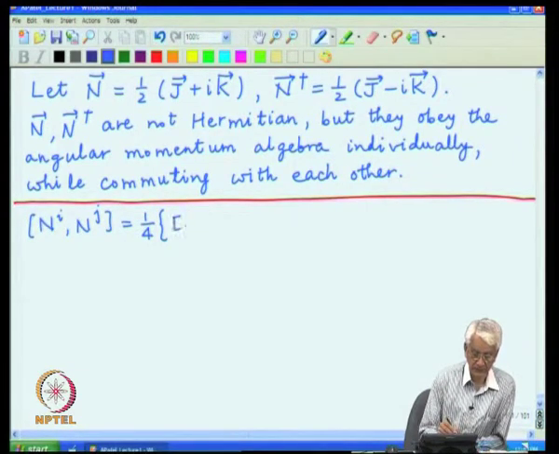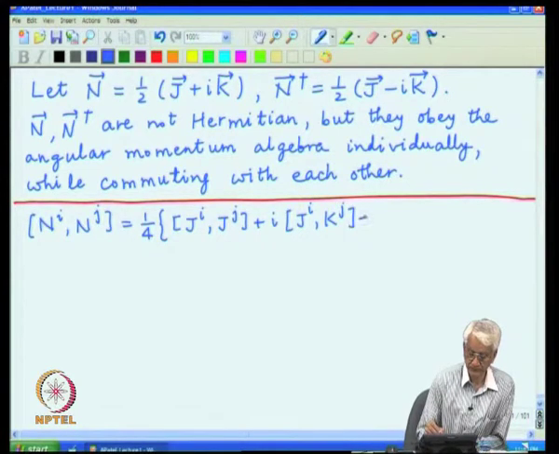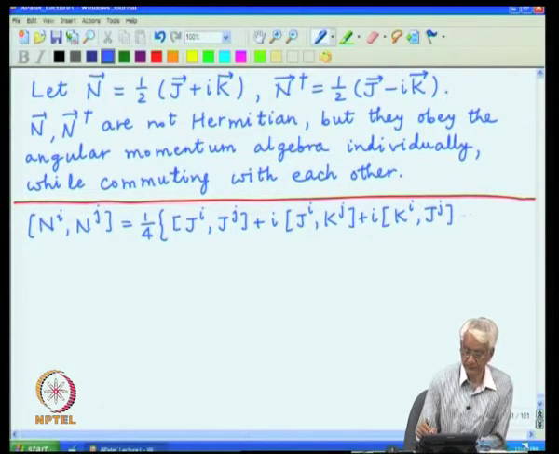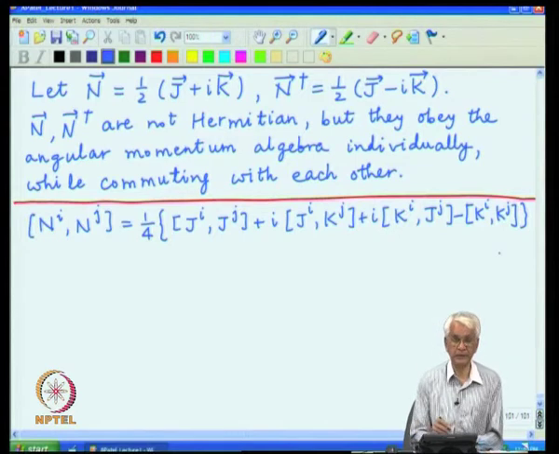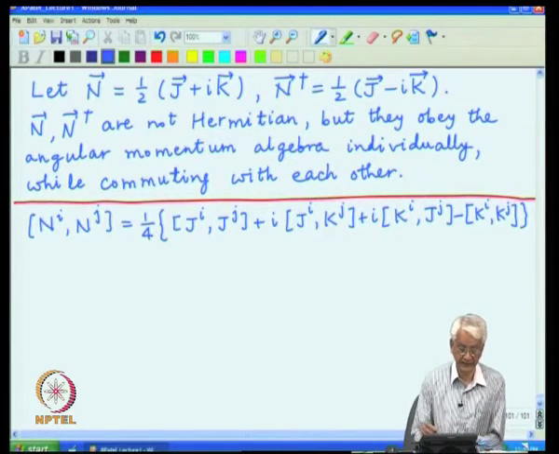We have 4 terms. And we know the commutation rules between J and K explicitly.